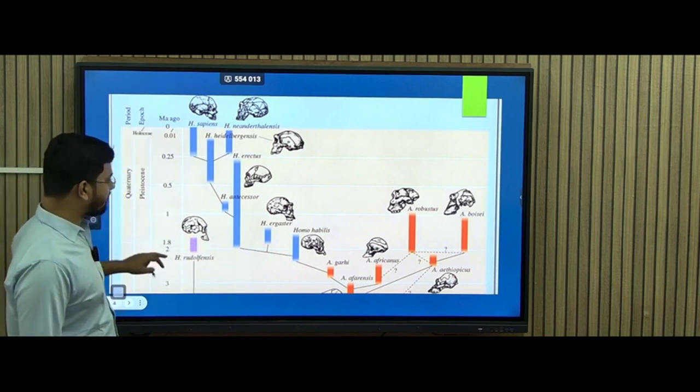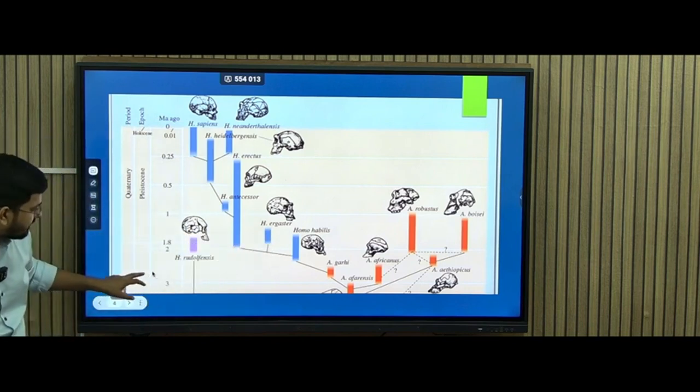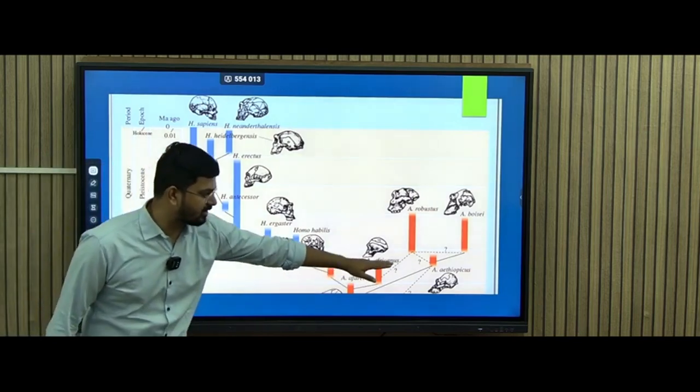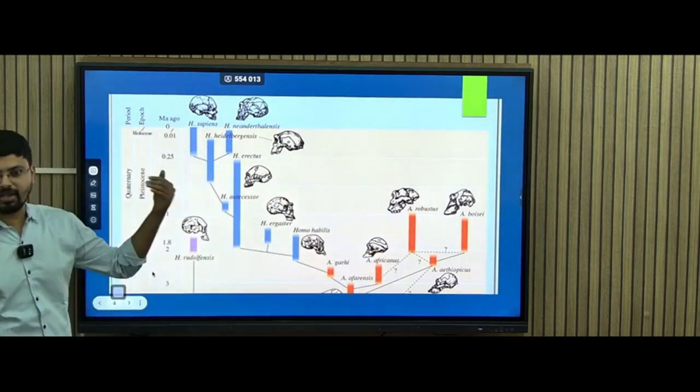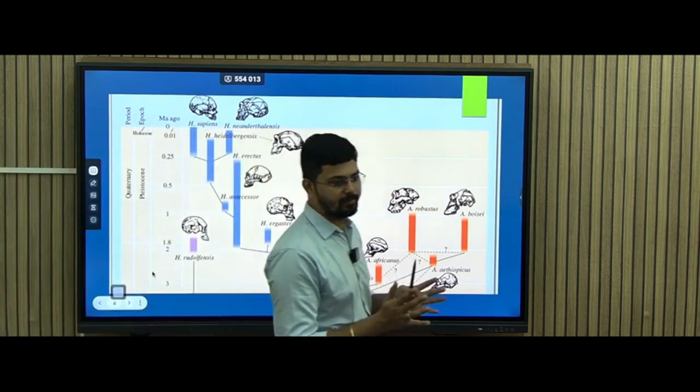See, in millions of years ago, Homo habilis is somewhere around 2 million years ago. Australopithecus, you can see it is in between 3 and 2. So this is Australopithecus africanus. I'll show you this diagram again when I'm discussing each fossil. But for your overall idea, if you can remember this trend, half of the answer is done.